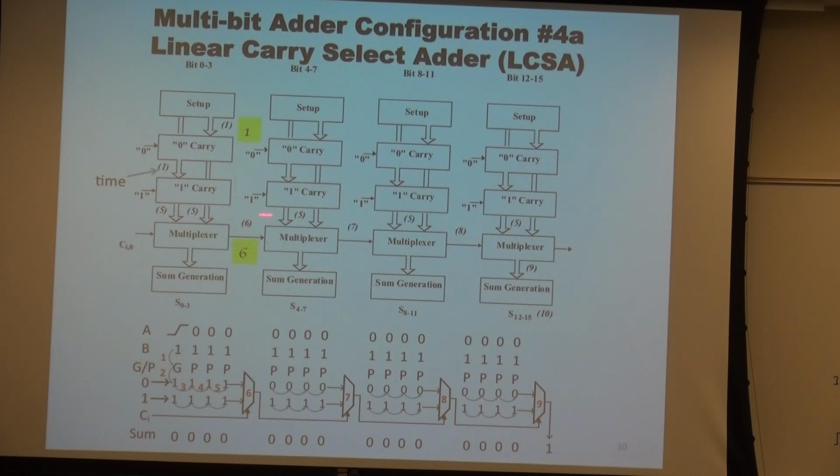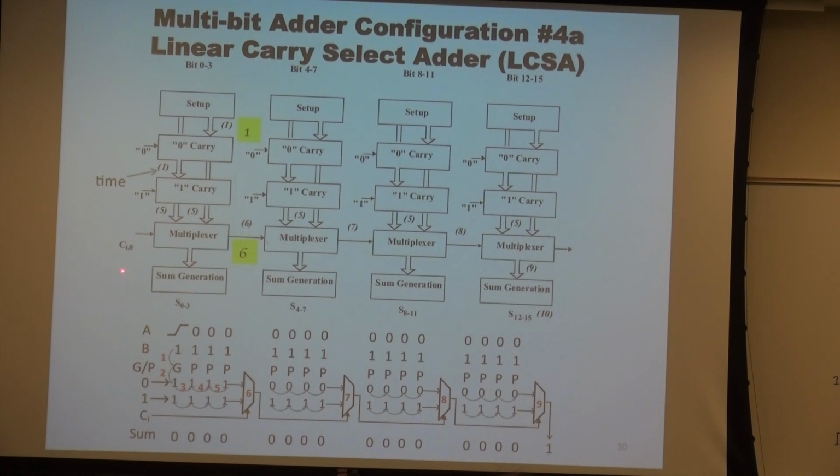So as I told you, that all 5 will be, the upper part will be done in parallel. So after 5 units of time, you have the value ready at the input of the multiplexer here, here, here, here, all of them. So now the multiplexers are waiting to be selected so that it can pick one of these depending on the value of carry and then pass it to the sum unit.